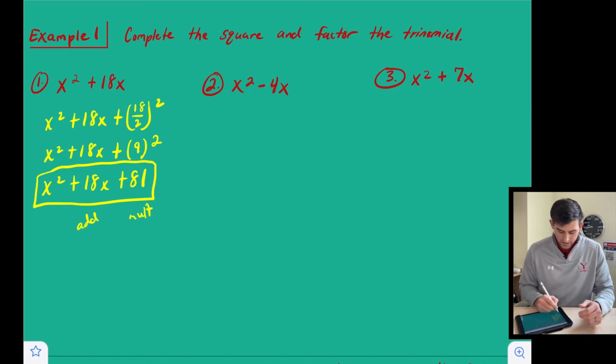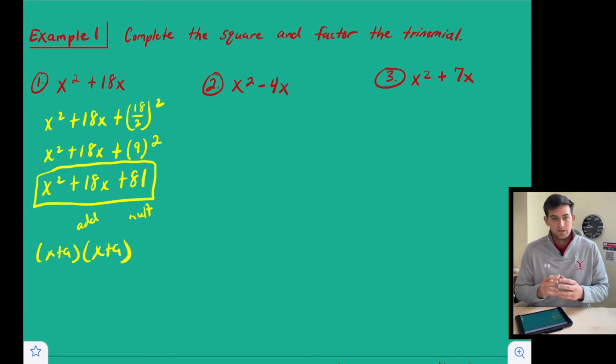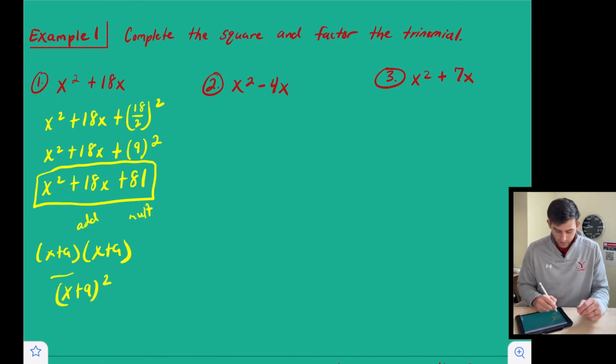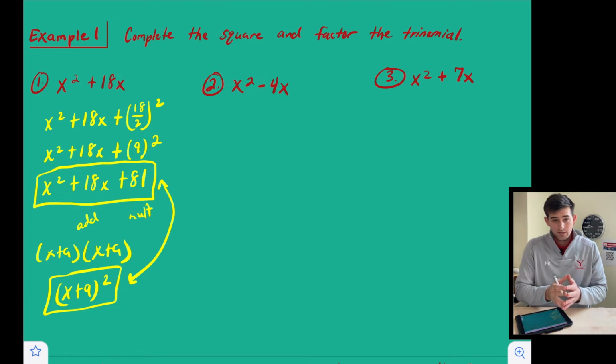So this factors as x plus 9 times x plus 9, the same binomial, so we can write that as x plus 9 quantity squared. So now we can see what we saw at the beginning: we complete the square to form our perfect square trinomial, and then we factor the perfect square trinomial as the square of a binomial.